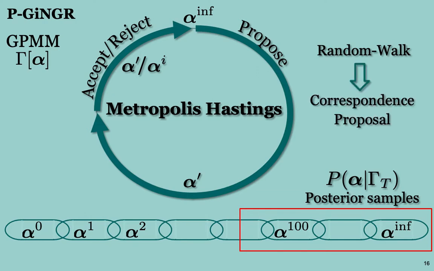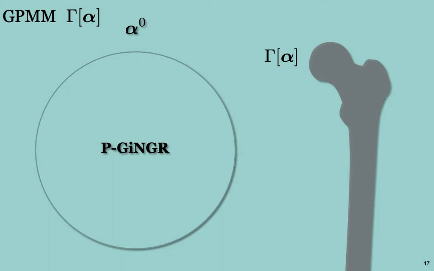Let us now look at how one step of P-Ginger looks in comparison to this random walk proposal. As mentioned on the previous slide, we initialize the alpha vector, and on this slide we also show the prediction of the 3D instance.